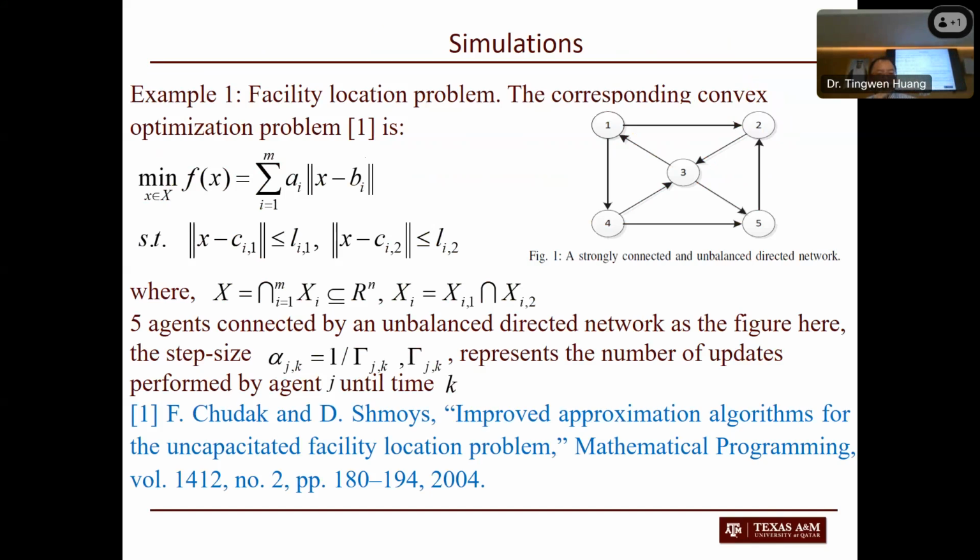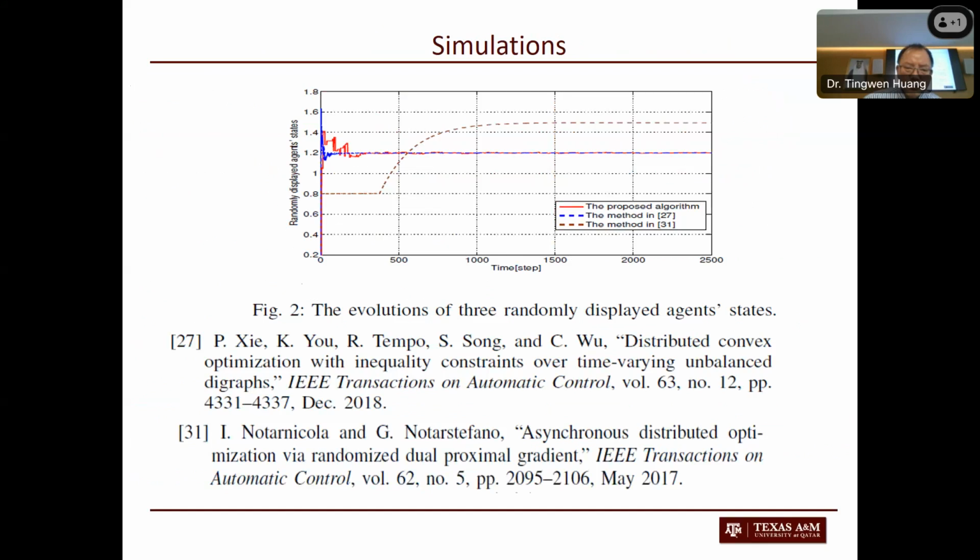Now the step size, we pick as 1 over gamma jk. Gamma jk represents the number of updates performed by agent I until time k. Now we just look at the simulation results.